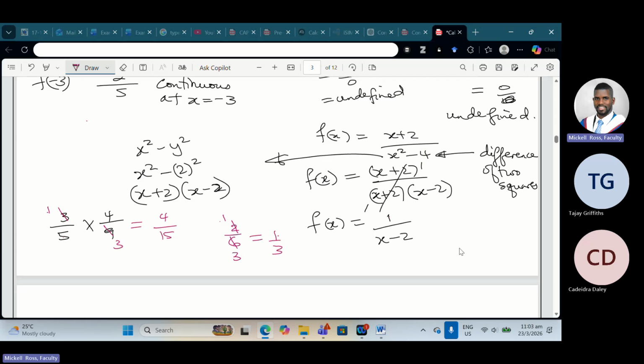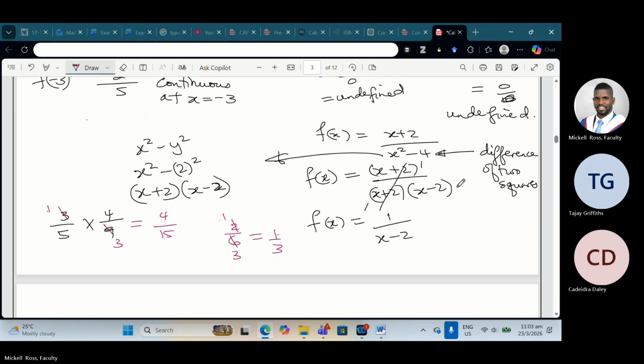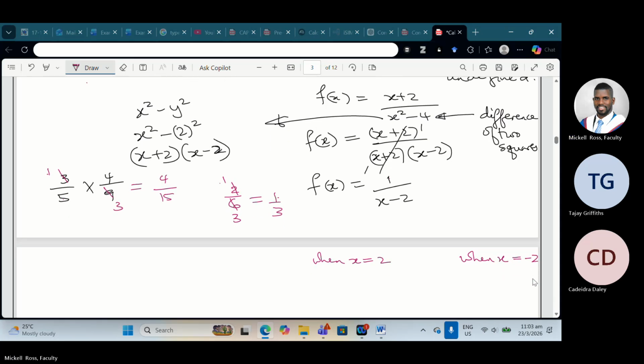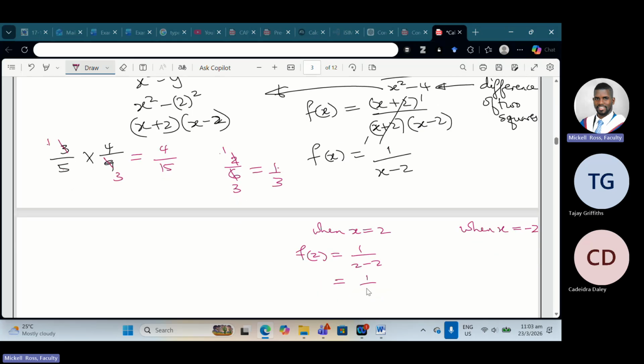And now when you check it, you can go again and check for x plus 2 and x minus 2. So when x is equal to 2, when x is equal to minus 2. All right, so when x is equal to 2, f of 2 is going to be 1 over 2 minus 2. So that's going to be 1 over 0, right?